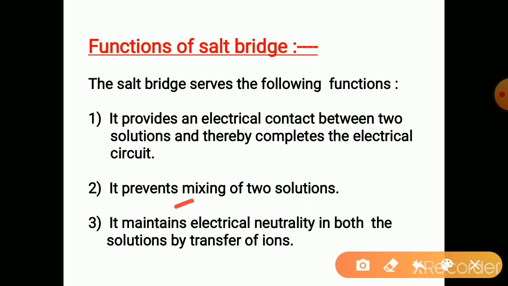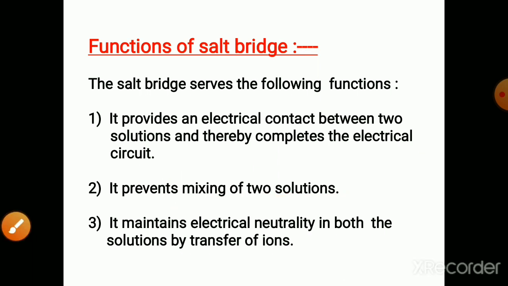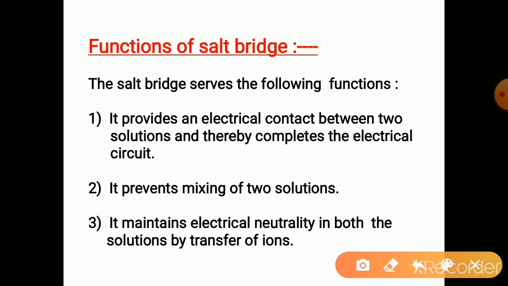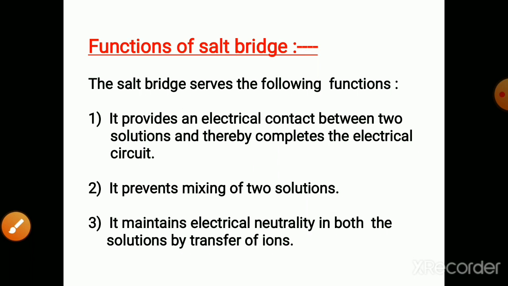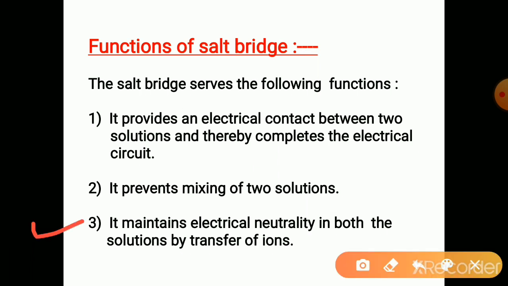It prevents the mixing of two solutions. The two solutions are not mixed, as they are not in direct contact. Indirectly, they are connected to each other through this salt bridge. So it prevents mixing of the two half cell solutions. It maintains electrical neutrality in both the solutions by transfer of ions.